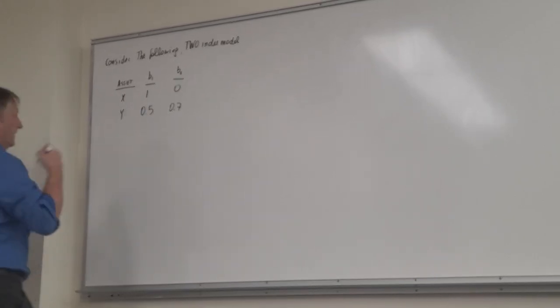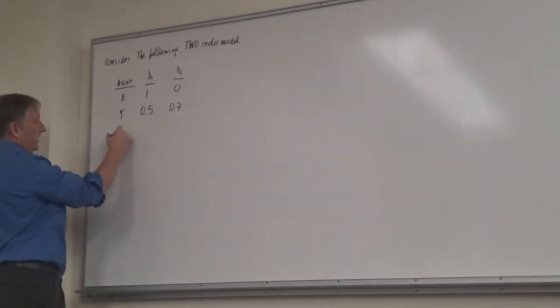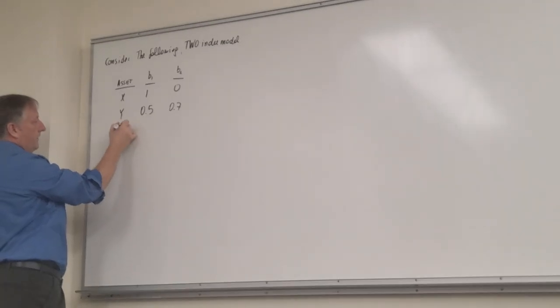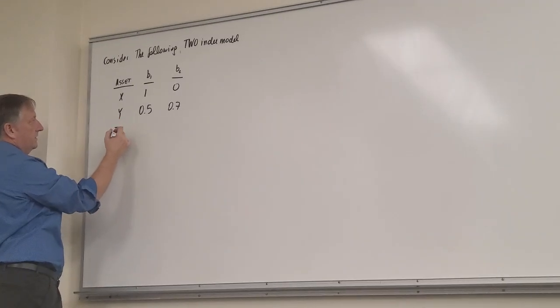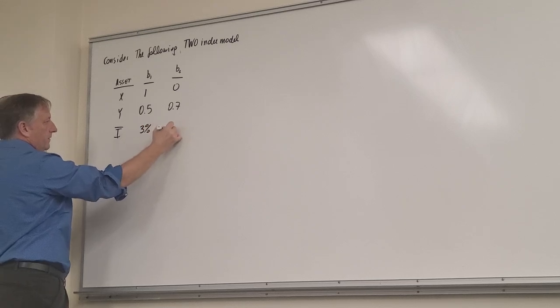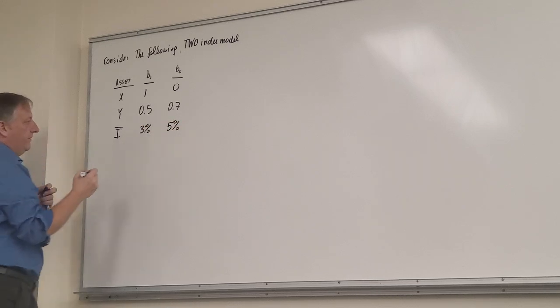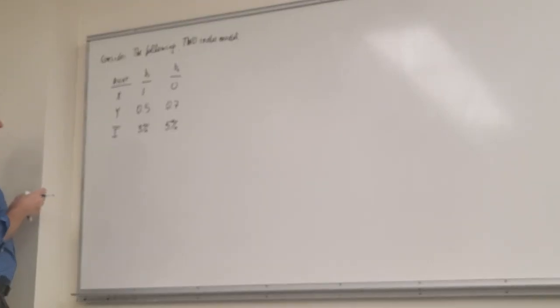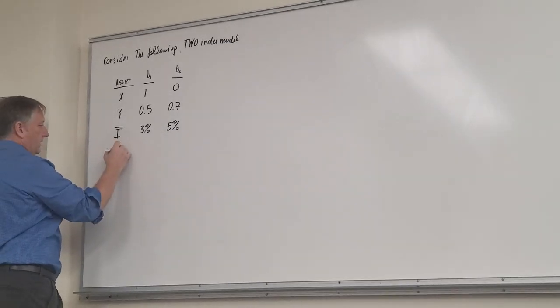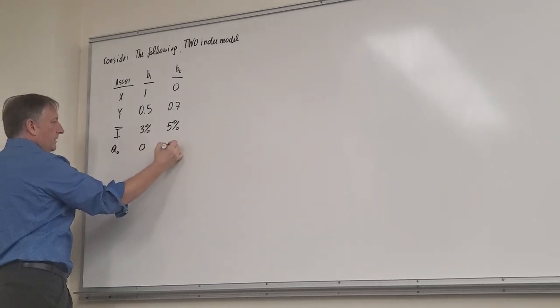And then you have the average value of the index, 3 and 5. And then let's suppose that alpha is 0 for all of them.